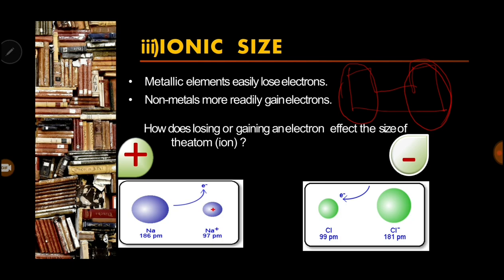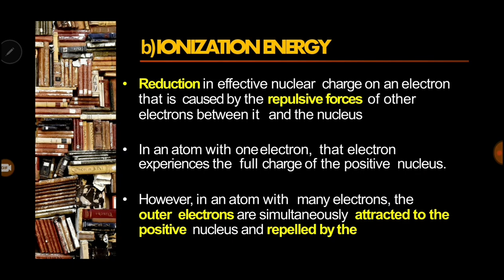So you can see here, when they lose electrons, let's say sodium, when losing an electron it will decrease the size, but when gaining an electron, it will increase the size. The concept is as simple as that. When losing an electron, the size decreases. When gaining an electron, it increases the size of the atom.